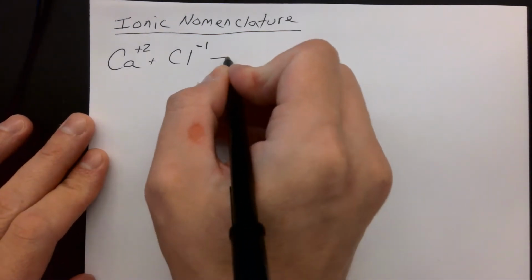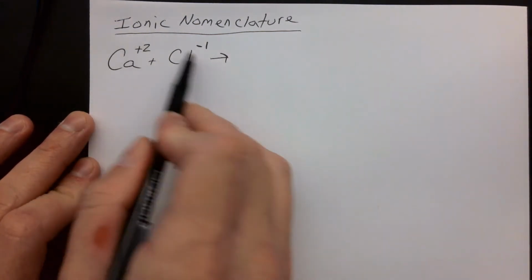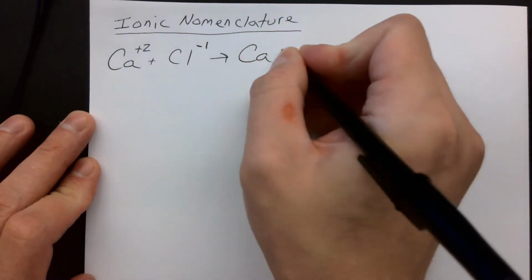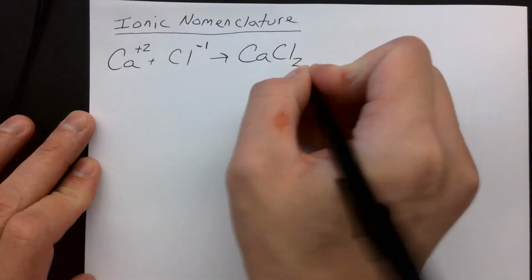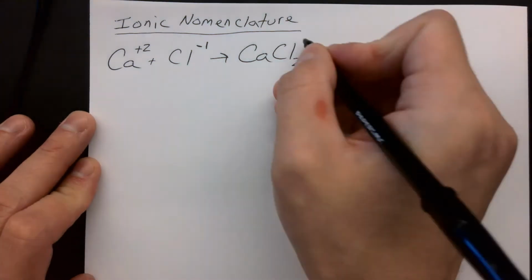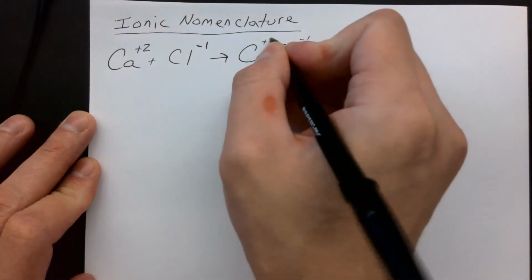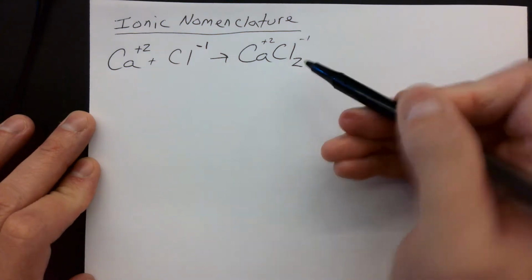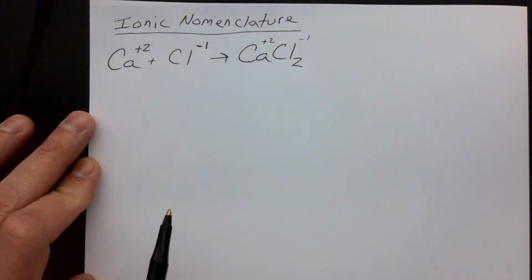So if we want to combine a +2 and a -1, they would have to go together like this. If I sketch those in real quick, the two -1s are required to cancel out that +2.